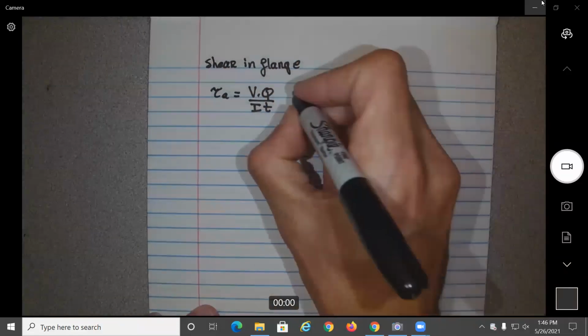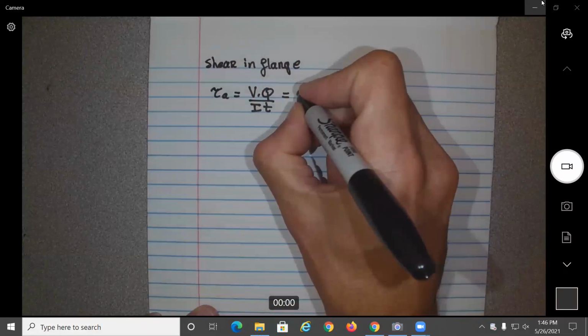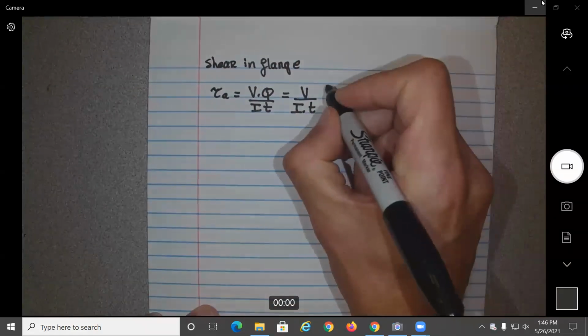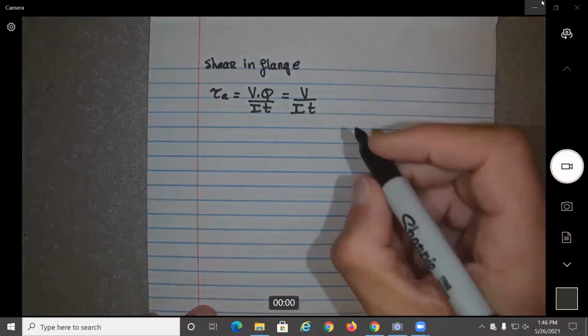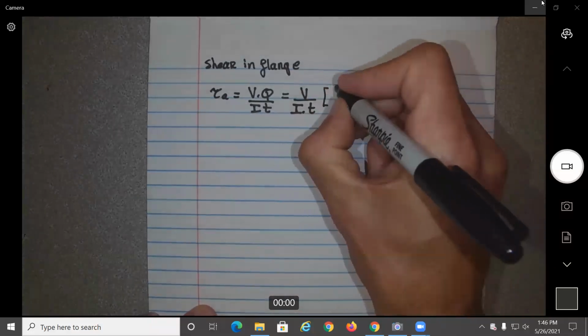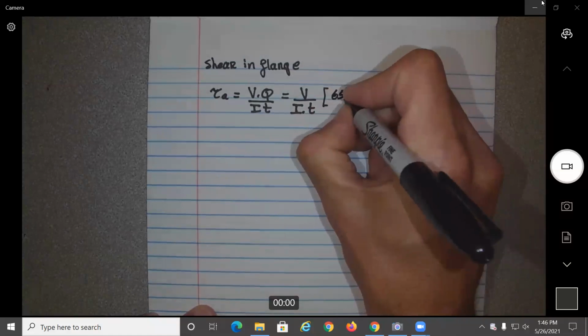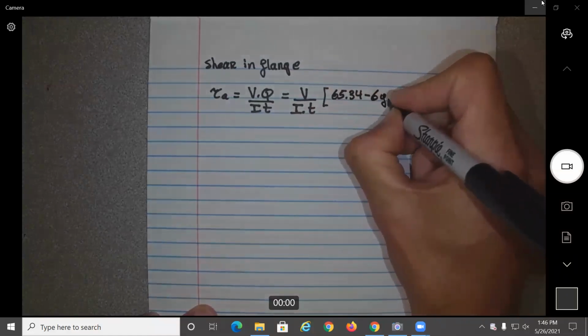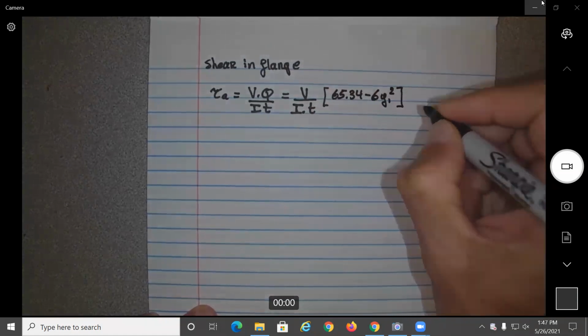So again, this will be equal to V divided by I t times Q that we just found to be equal to 65.34 minus 6 y sub 1 squared.